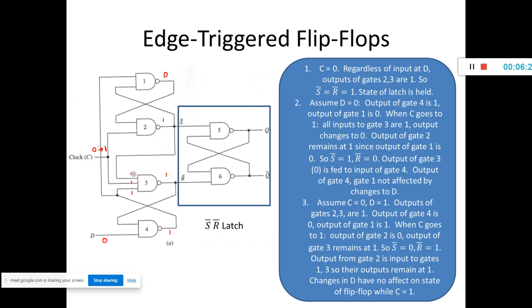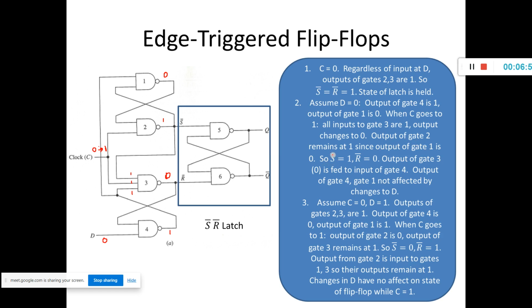So all the 3 inputs to gate 3 will become 1. So the output changes to 0. The output of gate 2 remains at 1, since the output of gate 1 is 0.